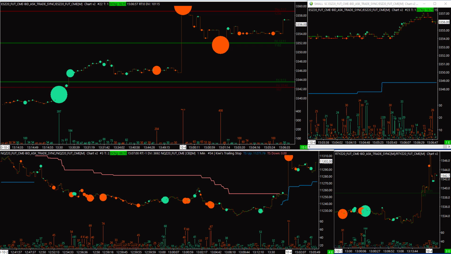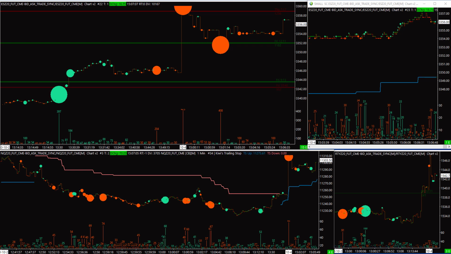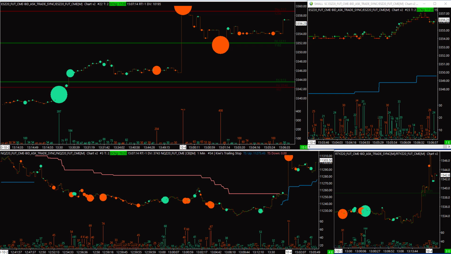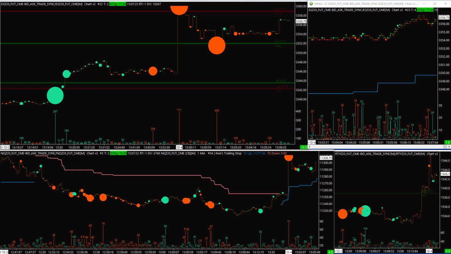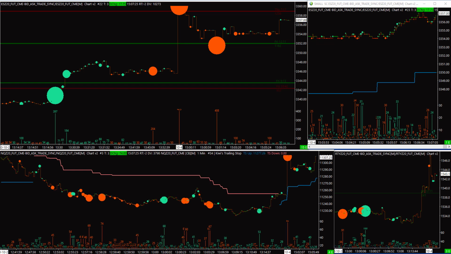Okay. So now I'm just looking through Discord, seeing the questions that people have asked there. Dom asks, what are the standard settings for the reconstructed tape itself on Sierra, or is it only available with the study that I built?